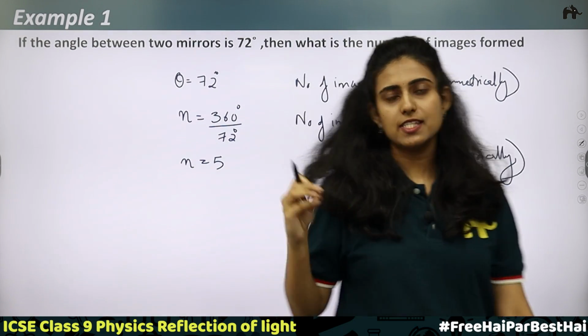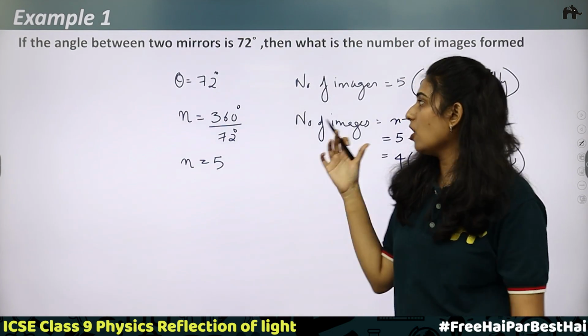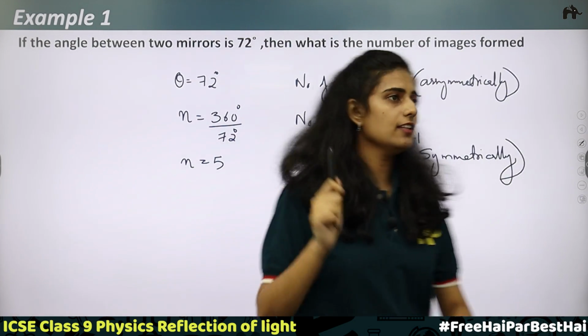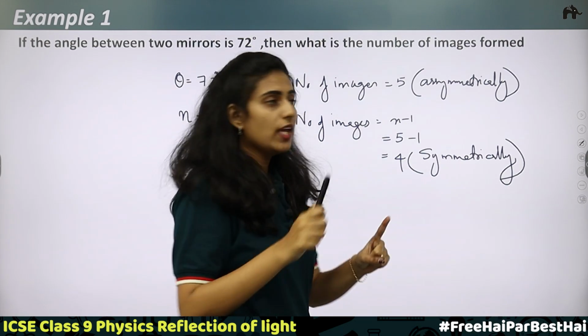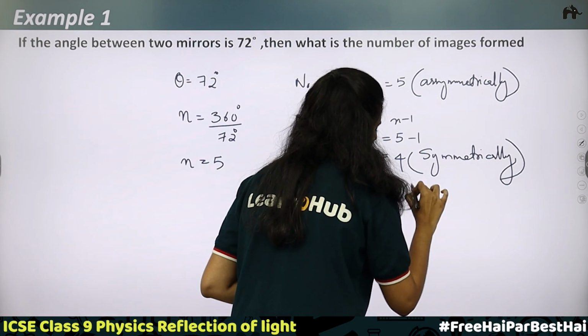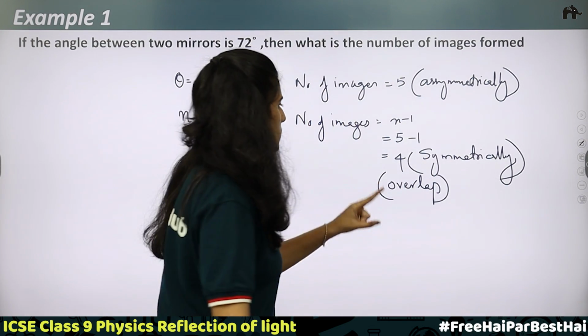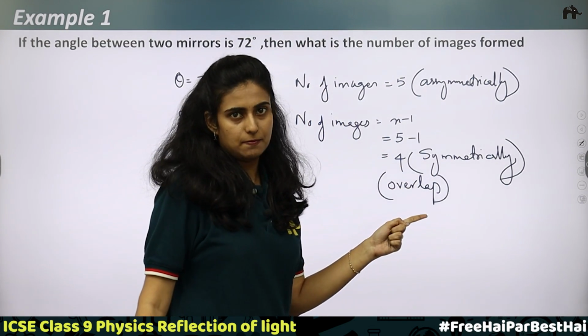Object placed symmetrically, you will get 4 images, and object placed asymmetrically, you will get 5 images. So here in this case, 2 images will overlap. That's why you will be getting only 4 images.